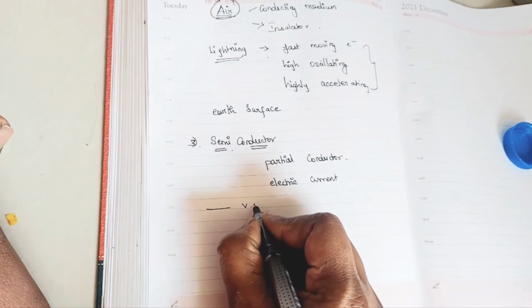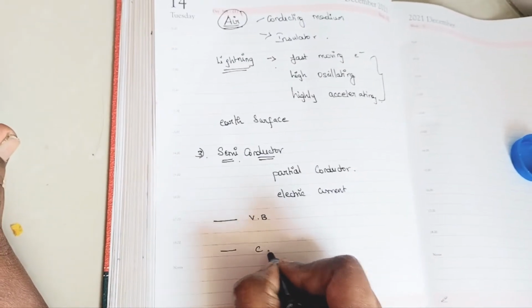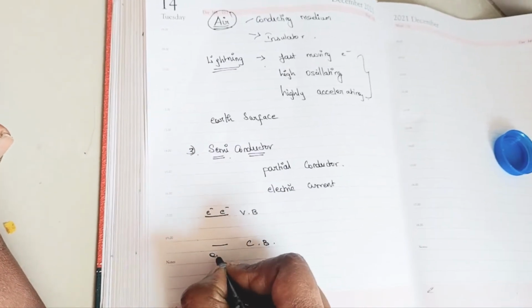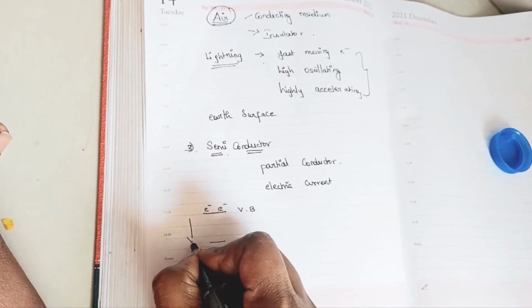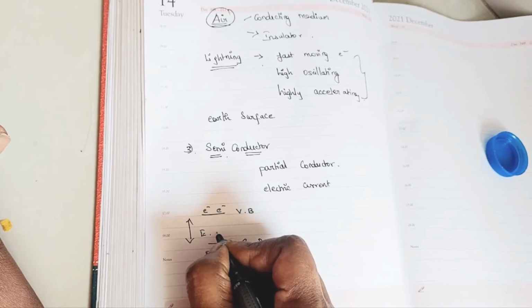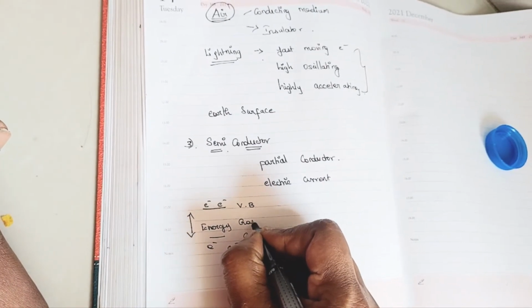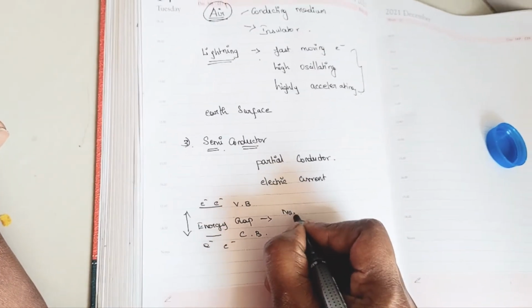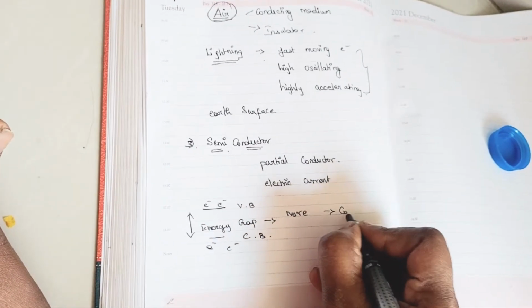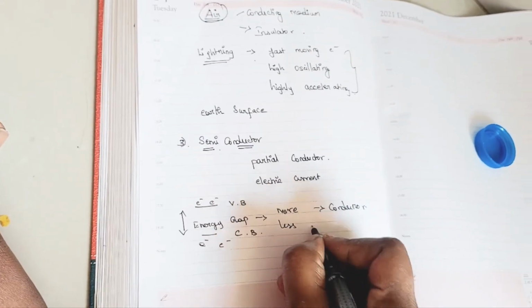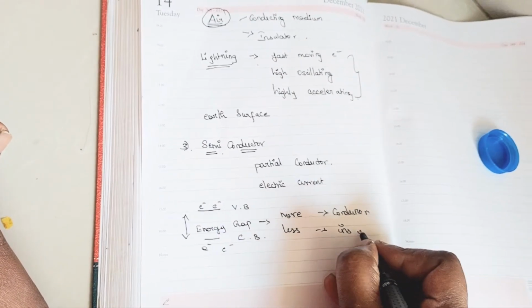Here is the valence band and here is the conduction band, and the electrons move from the valence band to the conduction band. The energy gap is more compared to a conductor, and less compared to an insulator.